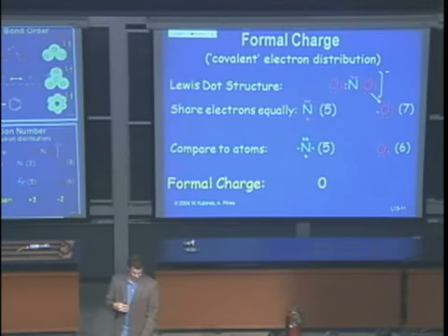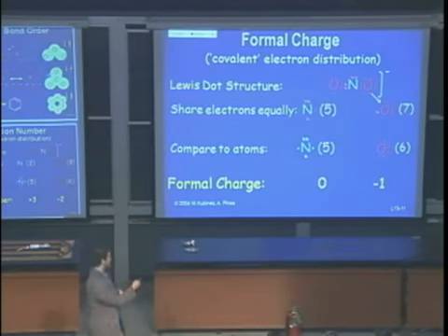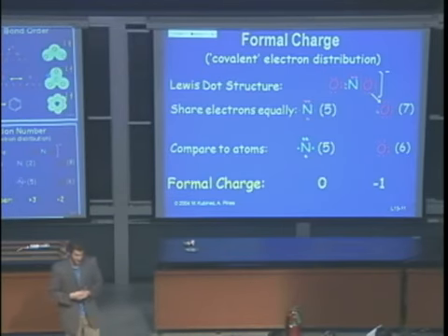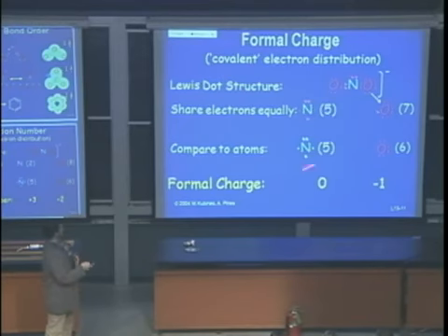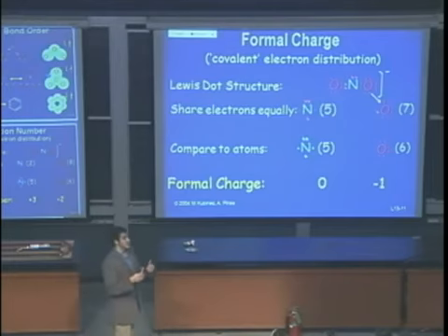So for formal charge, we compare the valence electrons it has versus the valence electrons it's been given. So this has an additional electron once it forms this compound, which is why it's -1. Now, as I said, my formal charges on each individual atom have to add up to the formal charge on my molecule. So the formal charge on this oxygen, which is different from this oxygen, right?